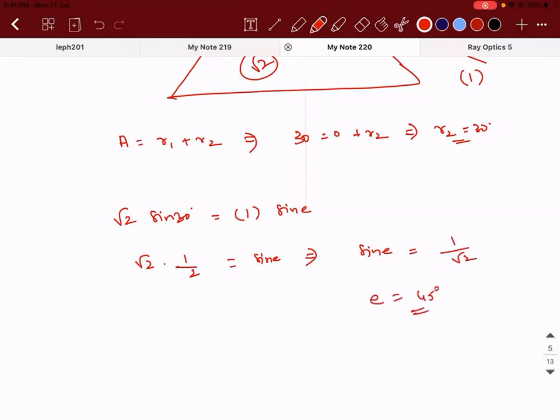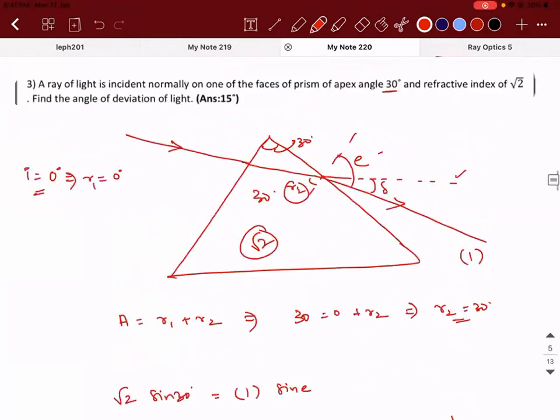It is 45 degrees. So the angle of emergence is 45 degrees. Right? And this R2 is 30, so this will also be 30 because they are vertically opposite. From 45, 30 is gone, so what will be the angle of deviation? It will be 15 degrees.